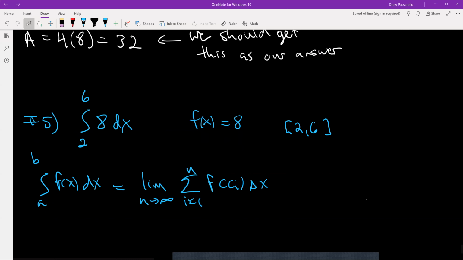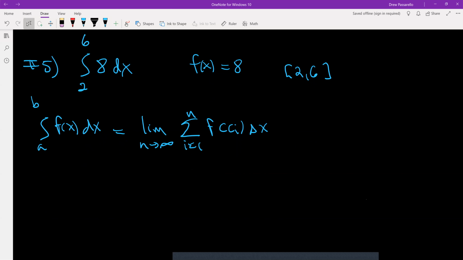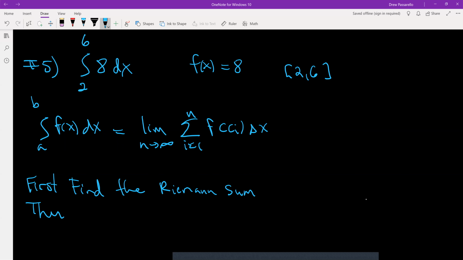So first I'll find the Riemann sum, like I did in the previous video, and then apply the limit as n goes to infinity. That'll be our answer; that's what the definite integral should be equal to.